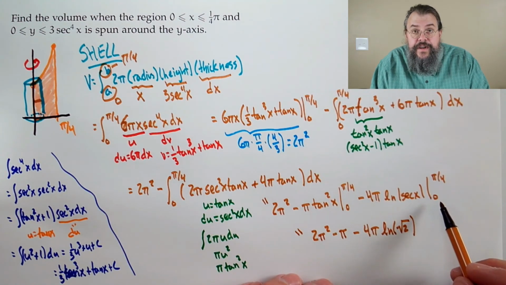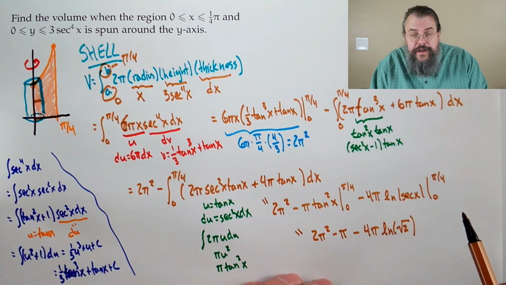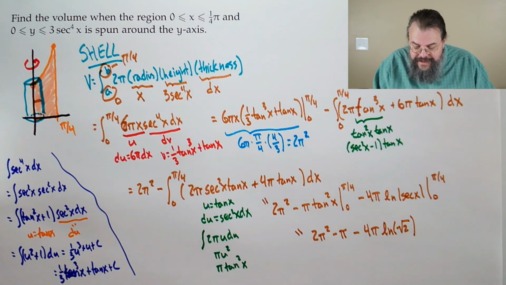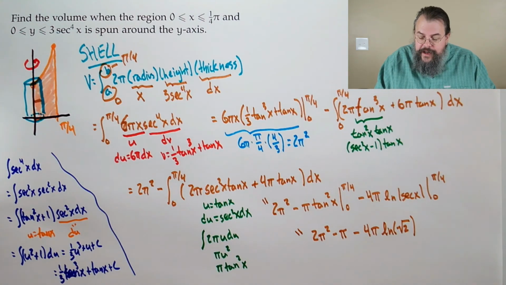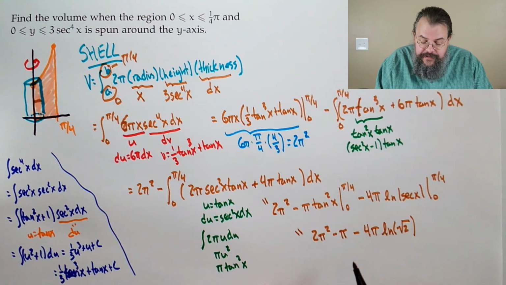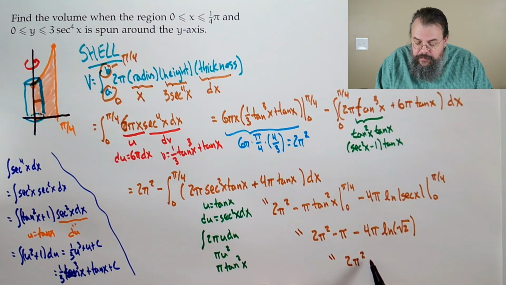When you plug in 0, secant of 0 is 1, log of 1 is 0, gone, gone. And there you go. Now you can actually make it look a little bit nicer. For instance, square root of 2 is 2 to the half. So you can bring the half down. So we could write it as 2 pi squared minus pi minus 2 pi log 2.